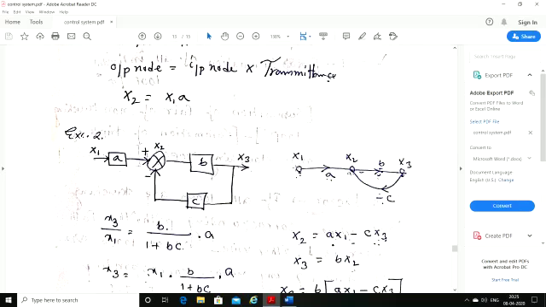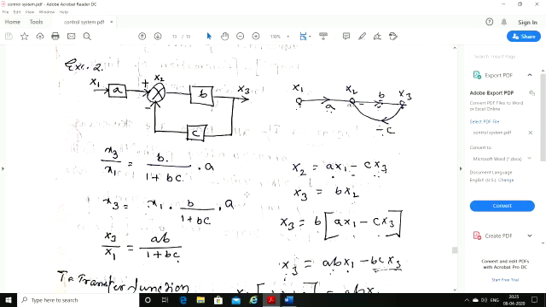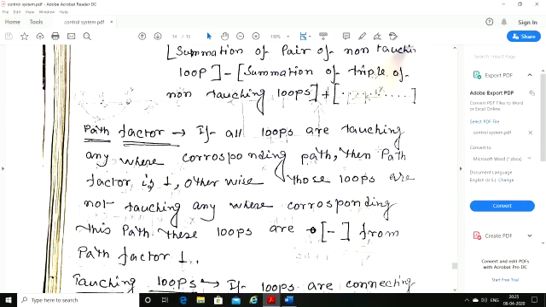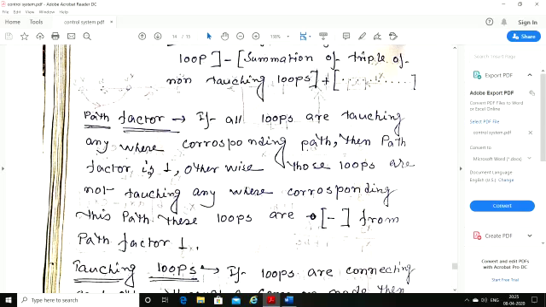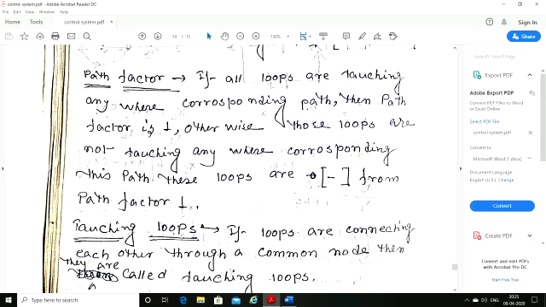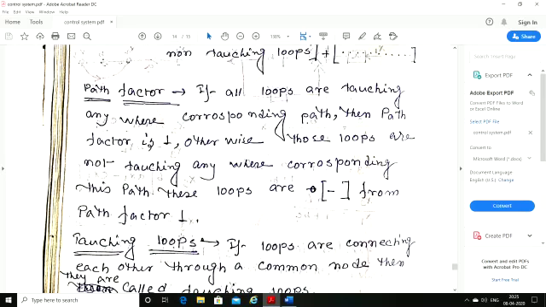When we go from starting point to finishing point with various kinds of ways, these are called forward paths. Where all loops are touching anywhere corresponding the path, the path factor is 1. Otherwise, those loops are not touching anywhere corresponding this path, these loops are negative from path factor 1. Okay, so this is the concept of a path factor.